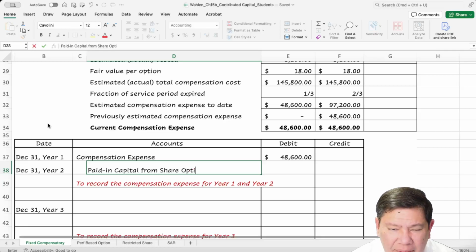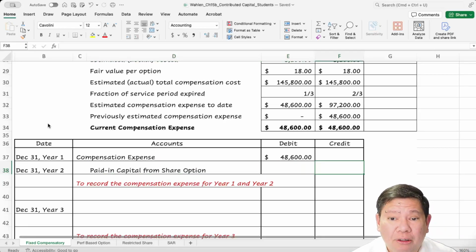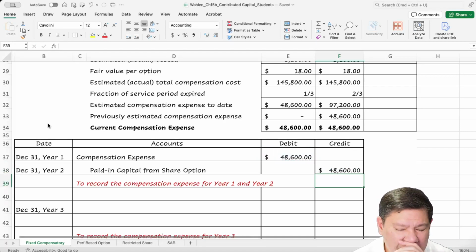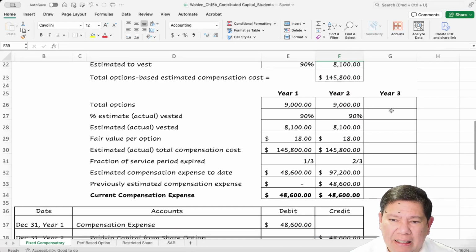That's the credit. It's part of the equity, 48,600. So year 1 and year 2, the journal entries are the same. And then we move to year 3.